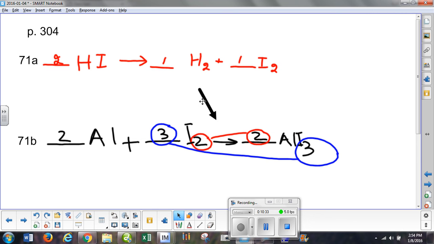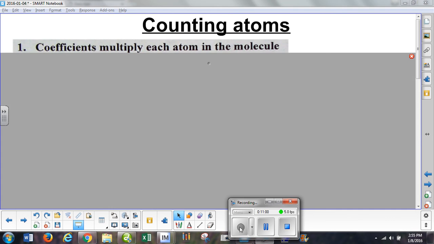And then once I had that ratio set, I could go ahead and balance the aluminum. As a general strategy in balancing your equations, if you have one guy all by himself, you want to balance him last. Don't mess with balancing him until you've got the other stuff taken care of. And that's the only one that's not balanced. So that's the strategies that you want to pick up for yesterday's homework.